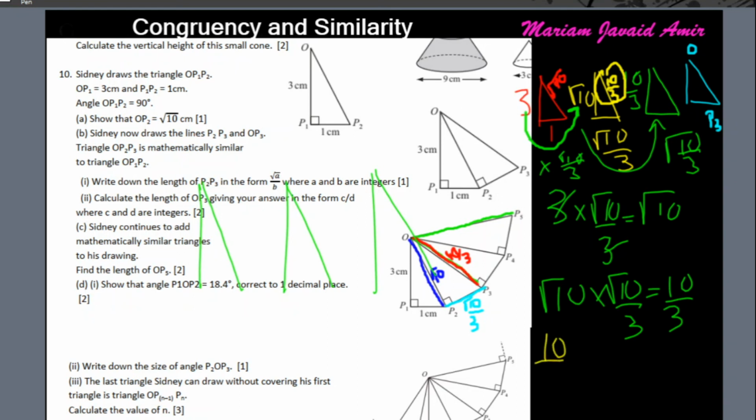Multiply that by under root 10 by 3 to get the largest side of the green triangle, and then again by under root 10 over 3 to get OP3. This is a relatively trickier question.